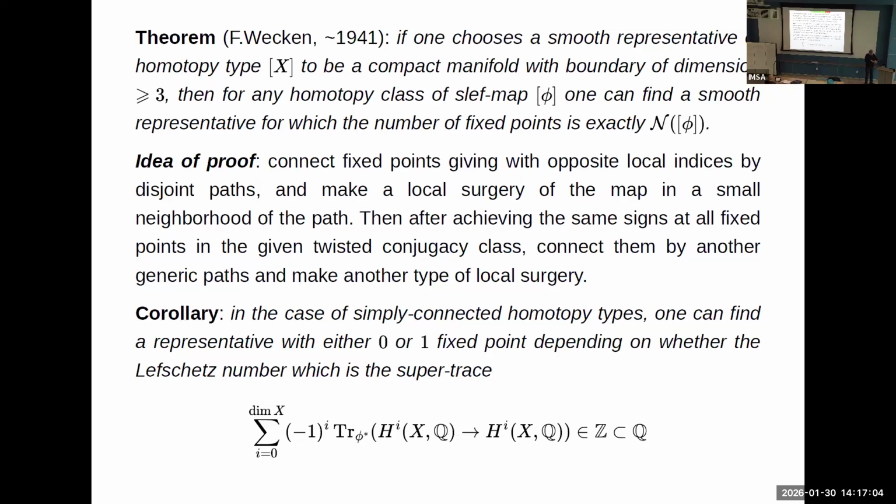And if two of them have the same twisted conjugacy class, then one can connect them by a generic path and make little surgeries. Then you can cancel pluses and minuses. Still, you may get several pluses. You can again combine them together, get a kind of non-Morse singularity, and merge things together.